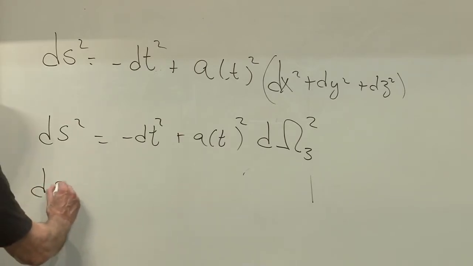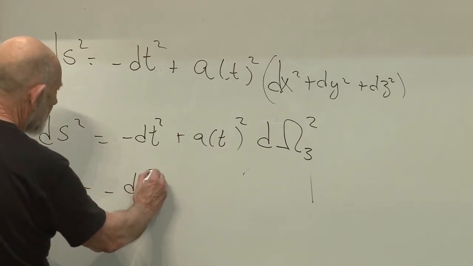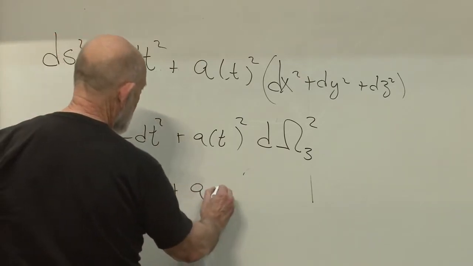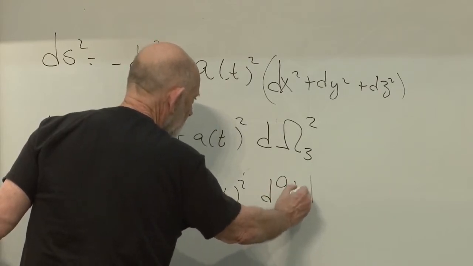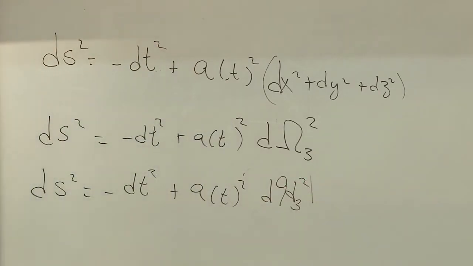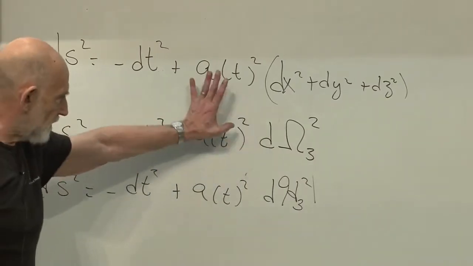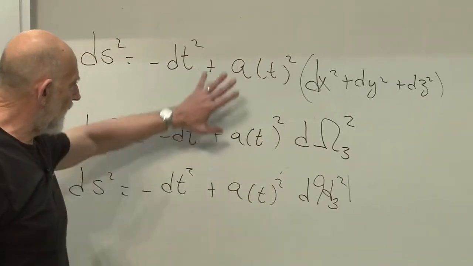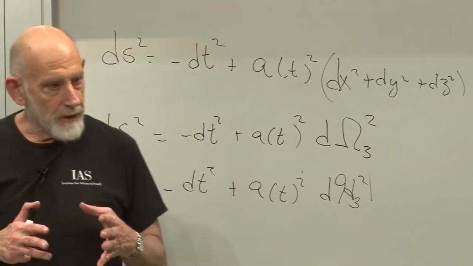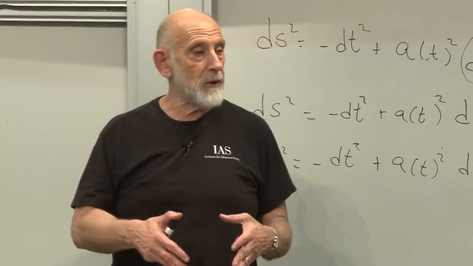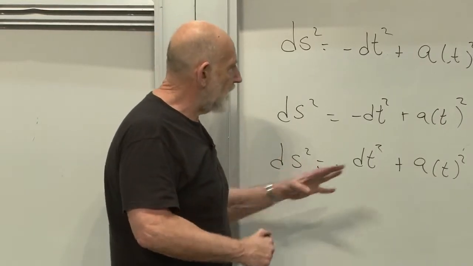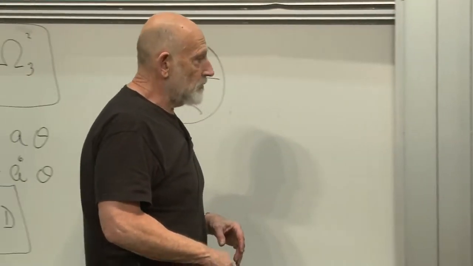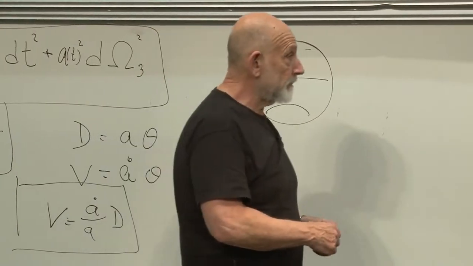Same thing, ds squared equals minus dt squared plus a of t squared dh3 squared. All this means is that at any fixed time, the geometry is either a sphere, a hyperboloid, or a flat space, but the scale of the space and the distance between galaxies embedded in the space will change according to a and a dot.